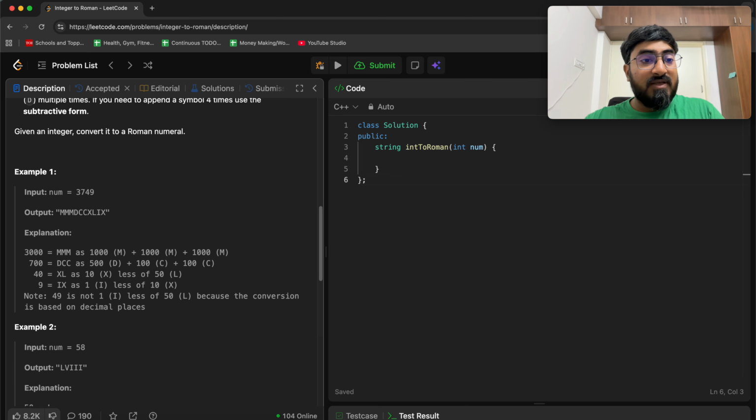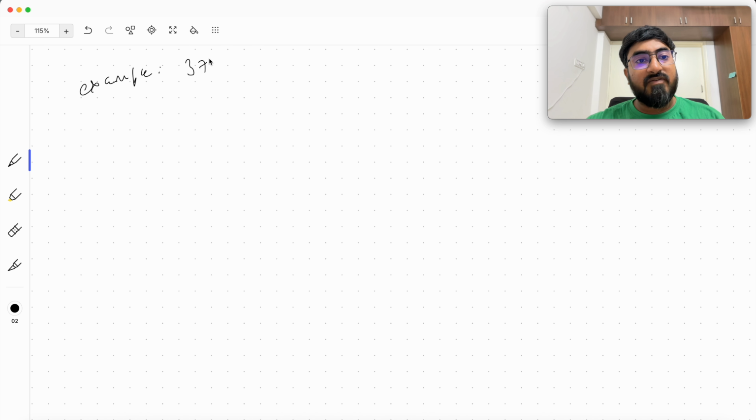So for 3749, we have digits 3, 7, 4 and 9. 9 is IX, 4 at the tens place is going to be XL, 7 at the hundreds place is going to be 500, 600, 700, DCC, and 3 at the thousands place is going to be MMM.